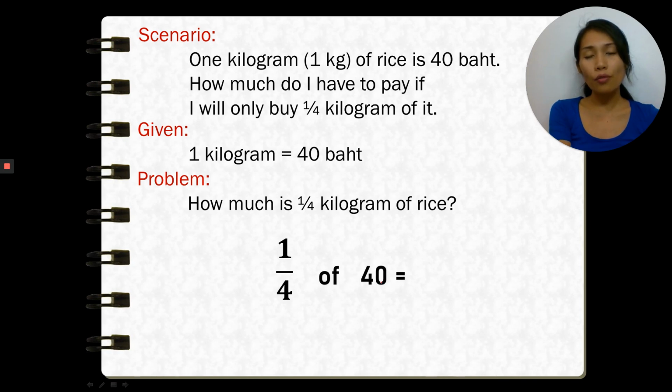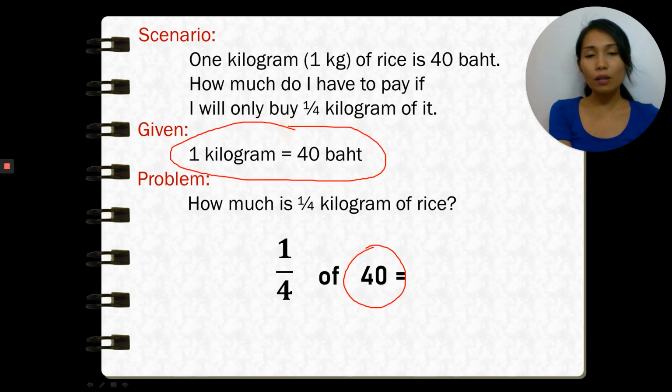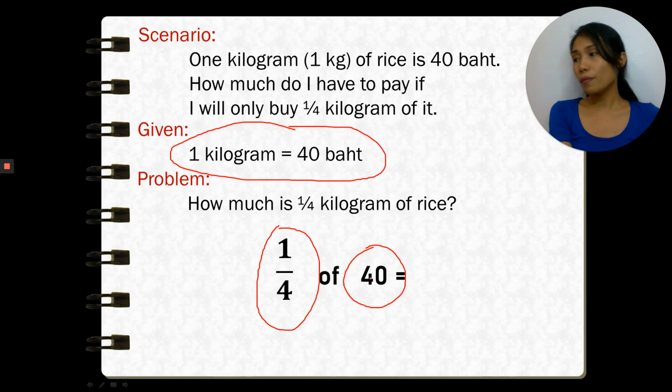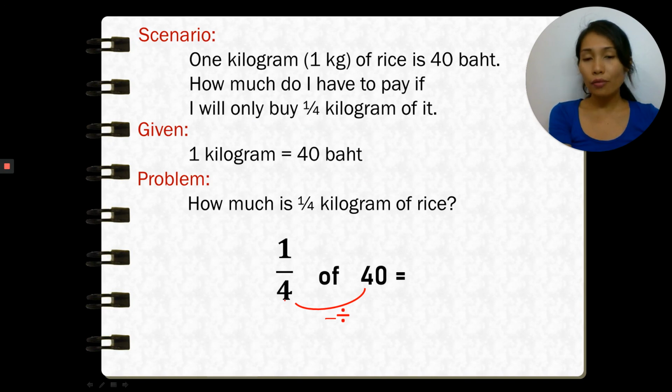1/4 of 40. 40 is the whole number. That is 1 kilogram. 40 is the whole, and we're looking for the value of 1/4. How much is 1/4 of 40? How much are we going to pay if we want to buy 1/4 of rice, if 1 kilogram of rice is 40 baht? 40 divided by 4, and that is 10.